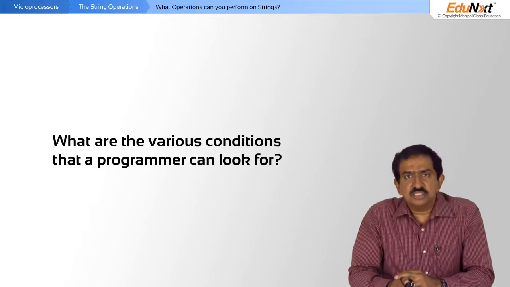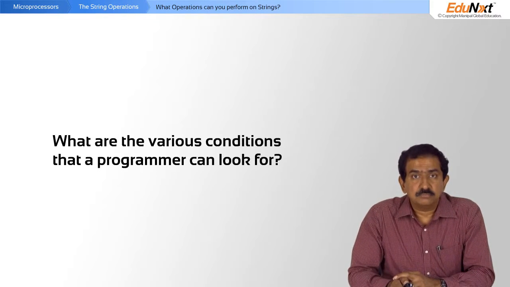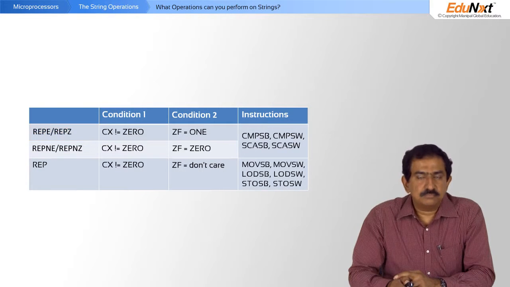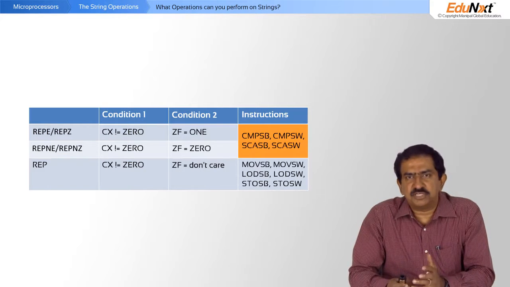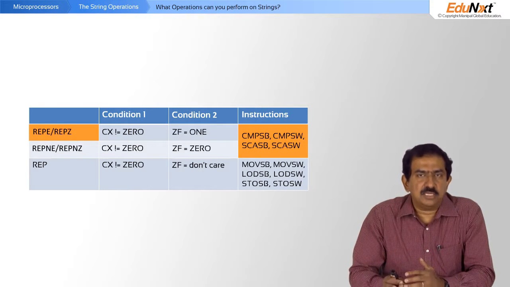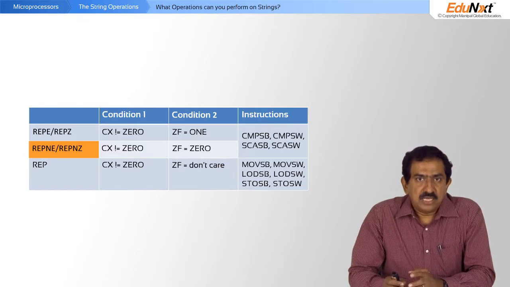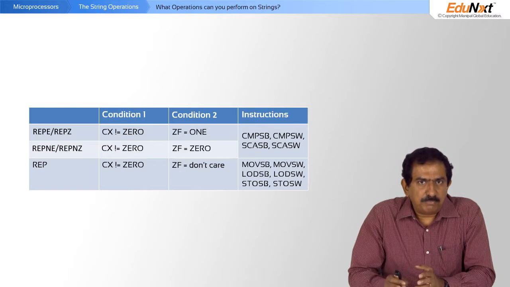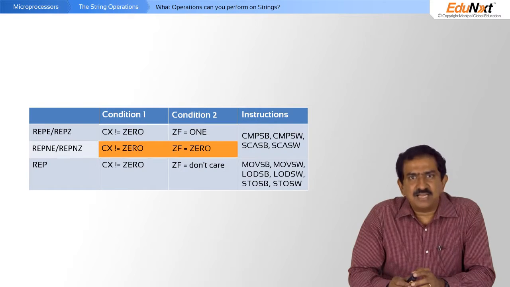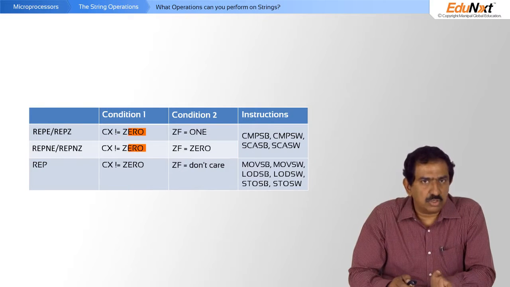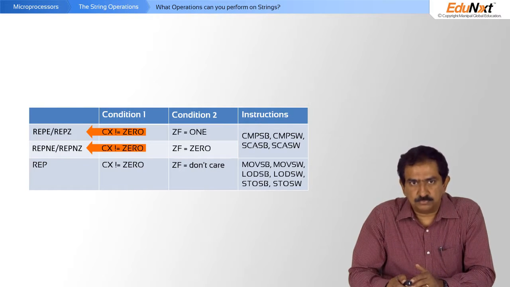So what are the various conditions that you as a programmer can look for? You've got REPE or REPZ, and the compare and the scan operations use REPE, REPZ. So repeat while equal to 0, or REPNE, REPNZ, repeat while not equal to 0. What happens is this operation continues till the zero flag is reset or the zero flag is set, depending on whether you're comparing for 0 or not 0.